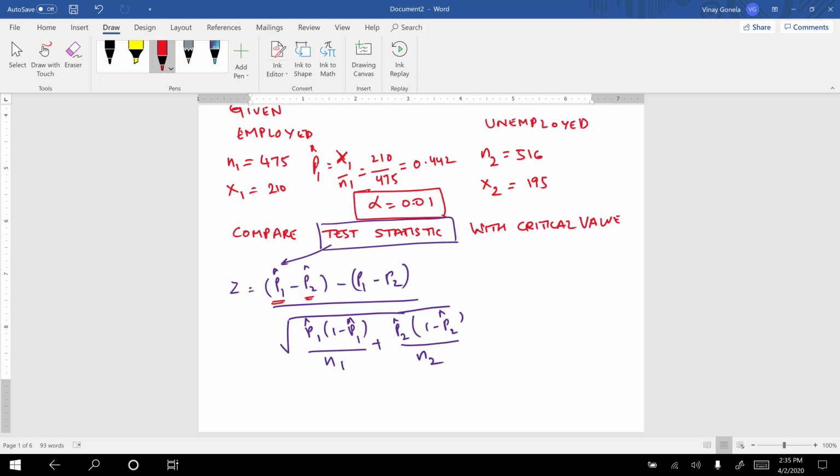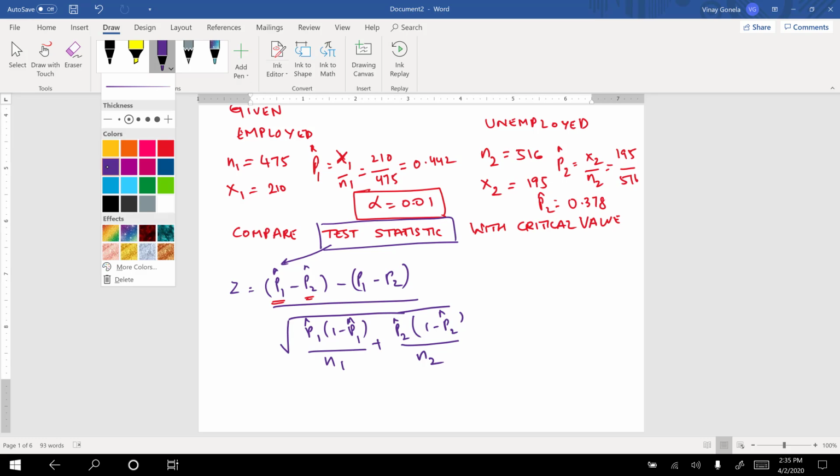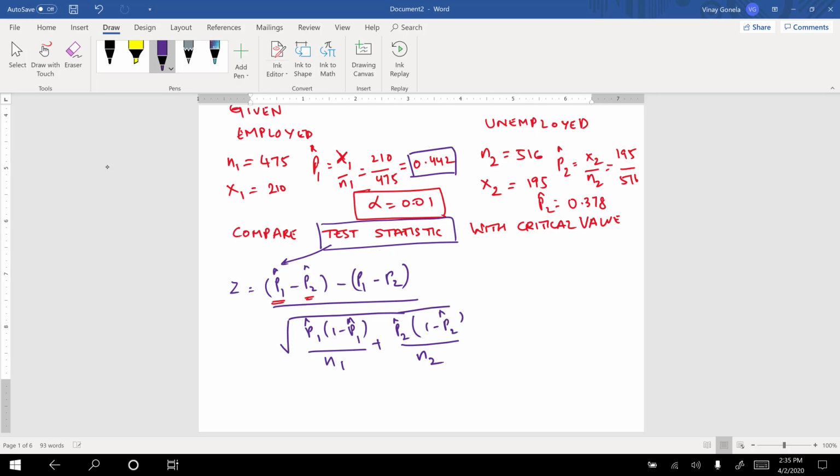Again, p2 hat is x2 divided by n2, that would be 195 divided by 516. So for p2 hat, we will get the value 0.378. So this is what we have to put here.